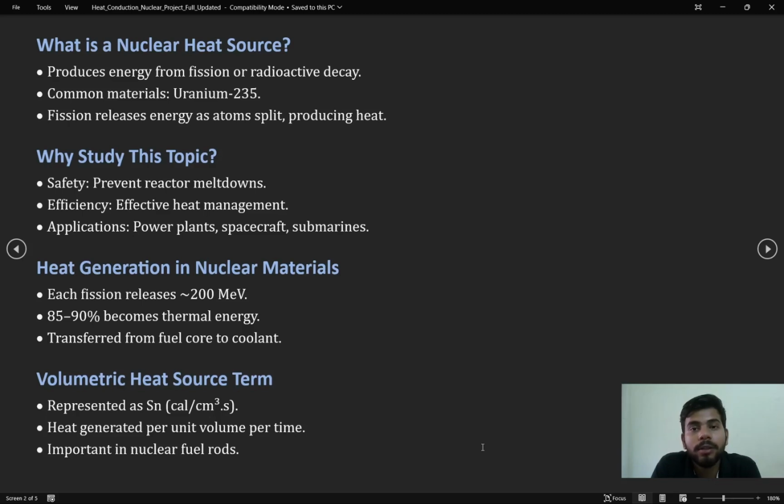Whenever one nuclear fission takes place, it emits nearly 200 mega electron volts of energy, and out of that 85 to 90% of the total energy is contained by the kinetic energy term only.